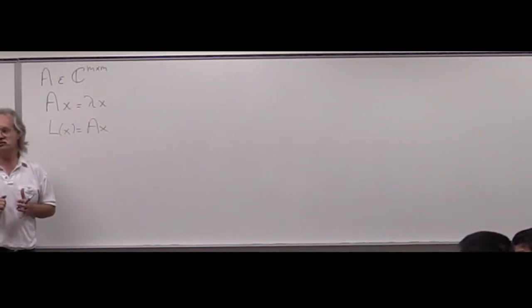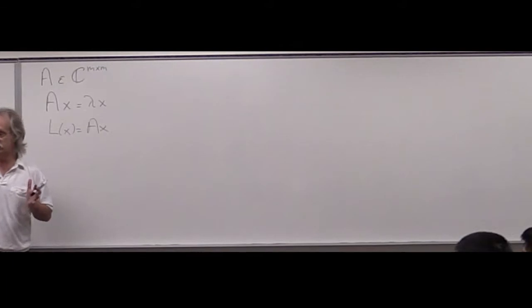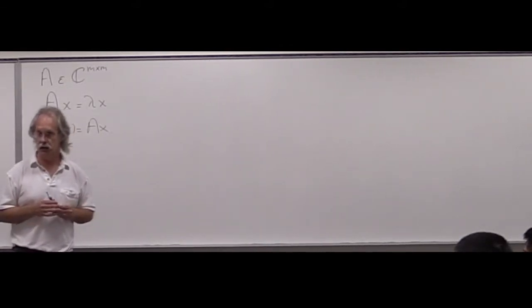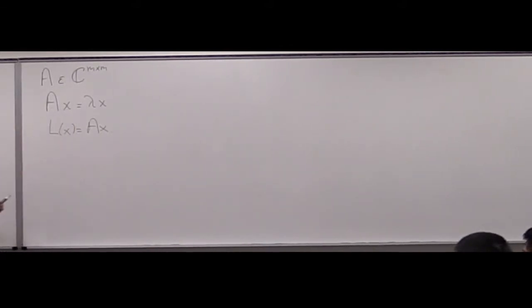Okay? Or worse, the rattle is bad enough that people aren't willing to pay money to buy the car. And that's why car companies are very interested in this. So A somehow captures the operator that describes the car. The eigenvalue problem is what tells you whether or not the car rattles. That's one way of thinking about it.